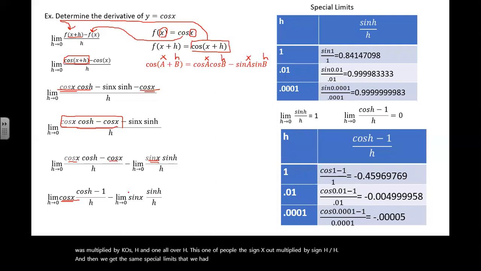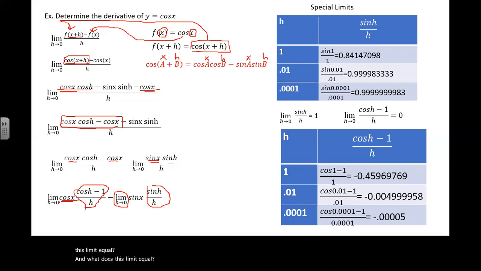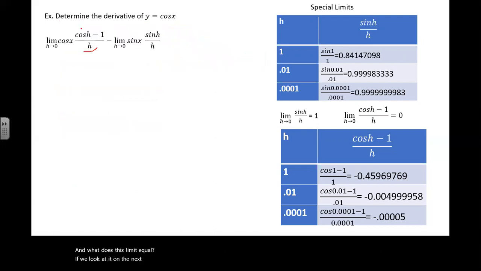Again, feel free to try and figure this out on your own. What does this limit equal? And what does this limit equal? If we look at it on the next page, this limit is equal to 0. So when you see the limit as h approaches 0 of cos h minus 1 over h, that's 0.